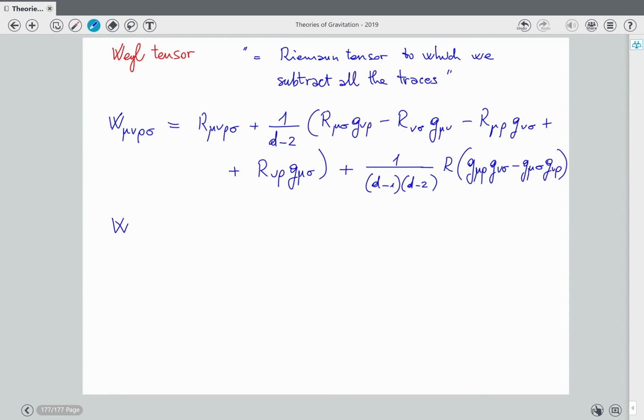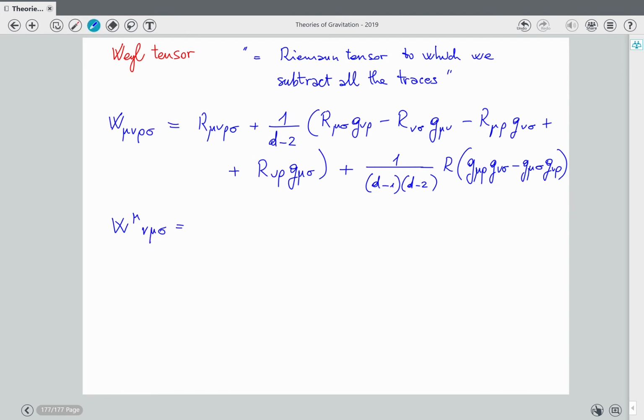So for example, if we compute this thing, which means set mu equal to nu, that will be 0 by itself because everything is antisymmetric in mu and nu, so this we do not need to do. But the only thing we have to do is equating mu to rho. So let me write mu here.